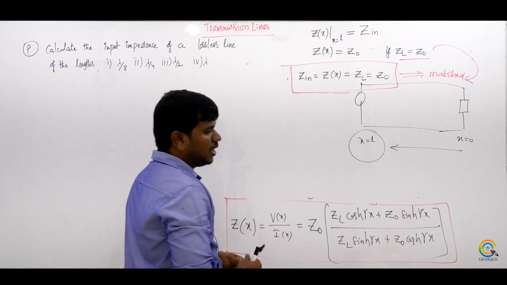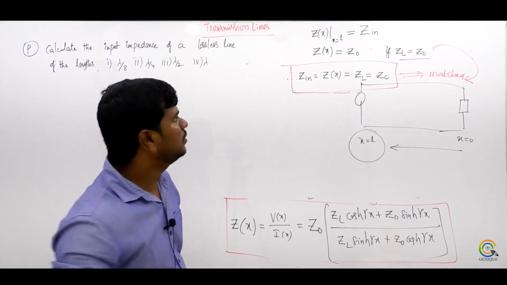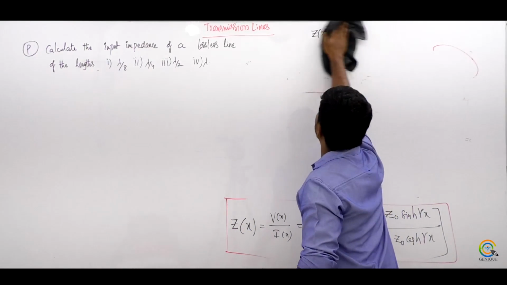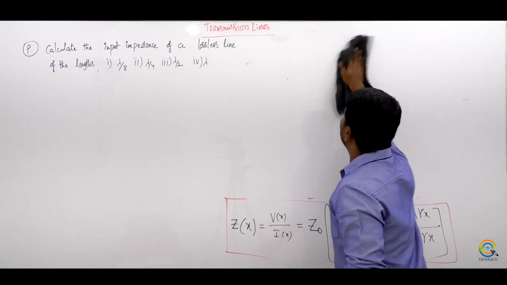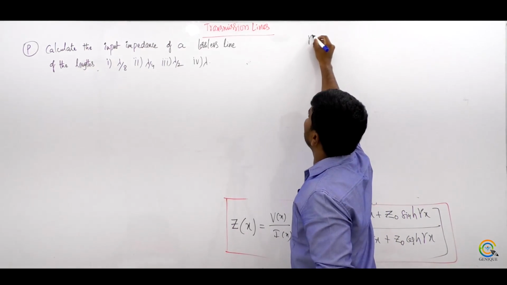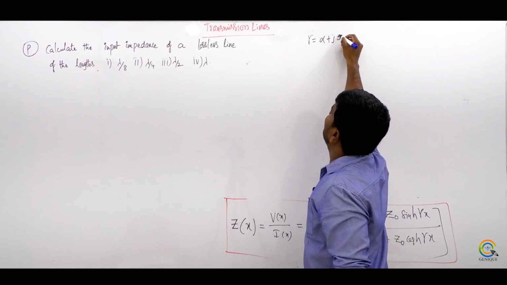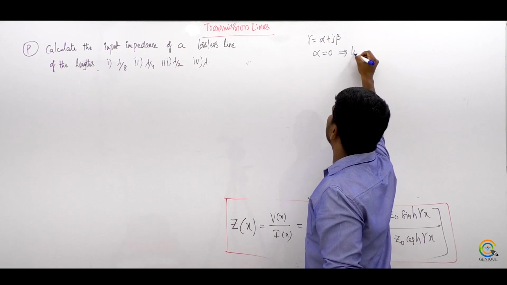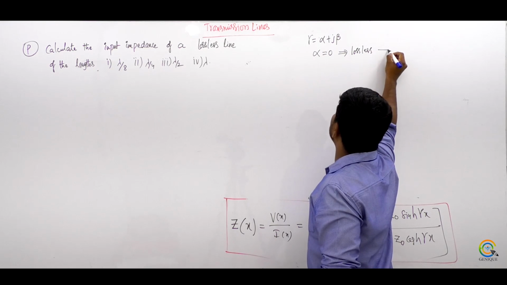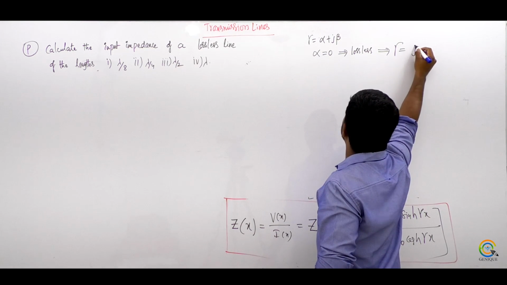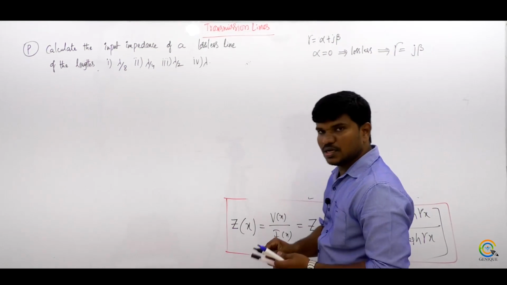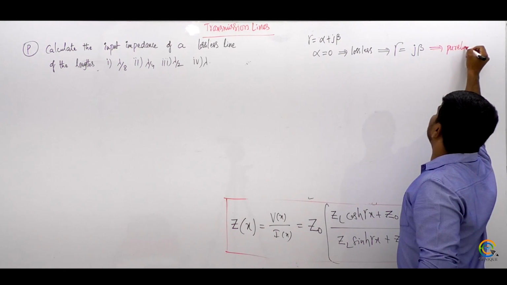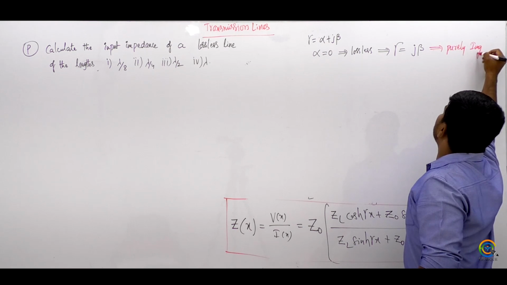Now come to the lossless line. What is a lossless line? Already we know gamma is equal to alpha plus j beta. If it is lossless, alpha will be 0. So this implies gamma is equal to j beta only. Lossless means gamma is purely imaginary.